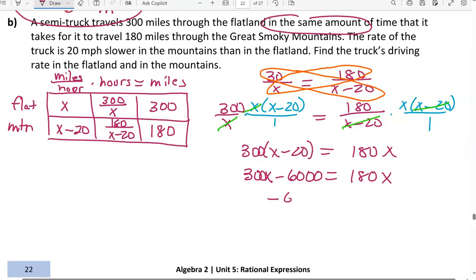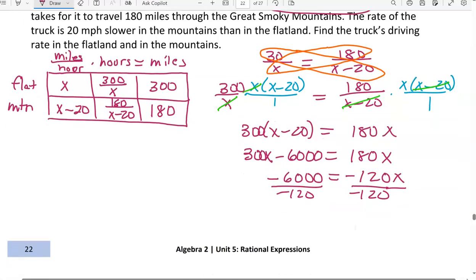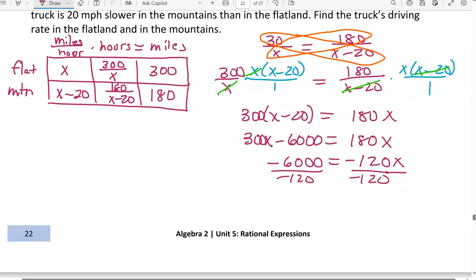Now we can subtract 300x from both sides, and that will give us negative 120x. Now notice that these seem like big numbers, right? So we can divide here by negative 120, but we can reduce our fraction slowly if we want to. So we have 6,000 divided by 120, which if we divide numerator and denominator by 10, is 600 over 12.